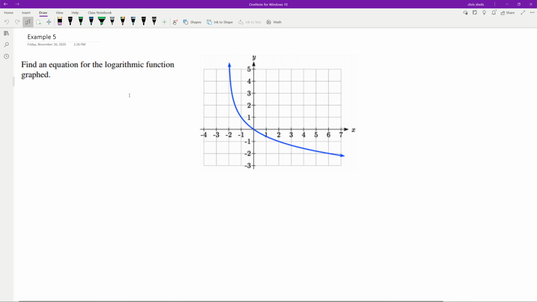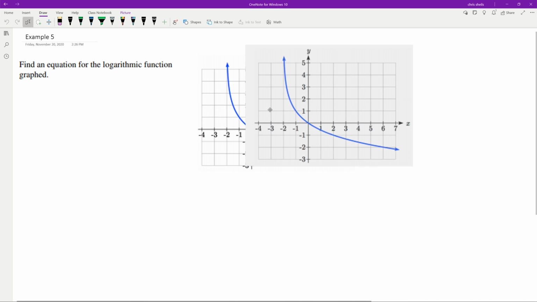And let's look at an example. Let's find an equation for the logarithmic function that is graphed here.